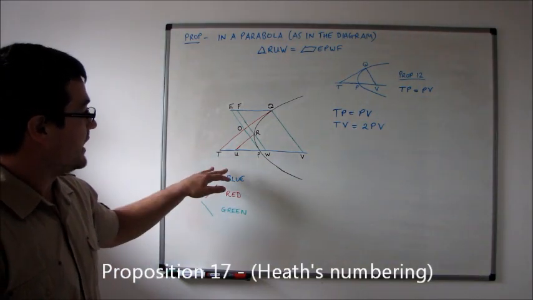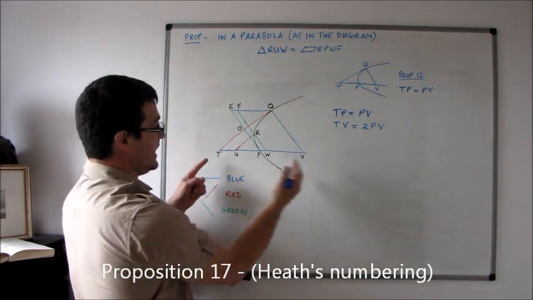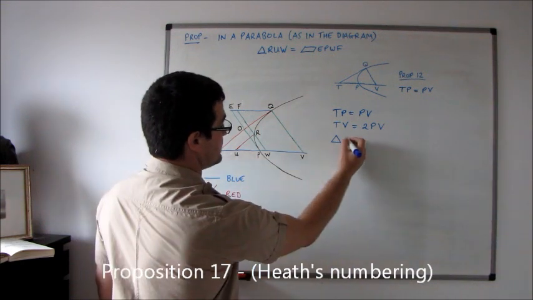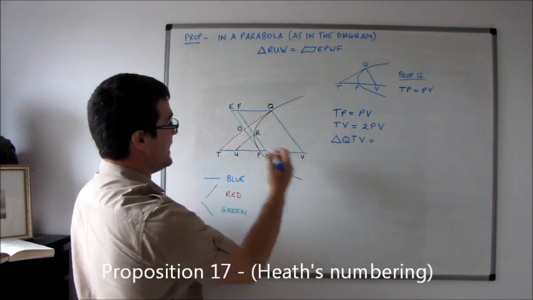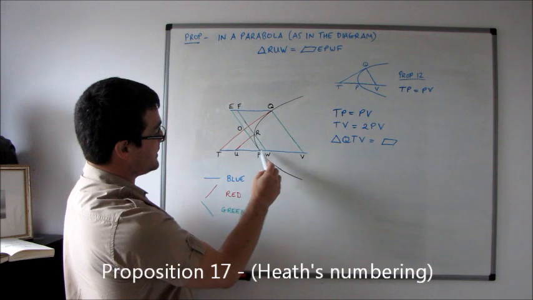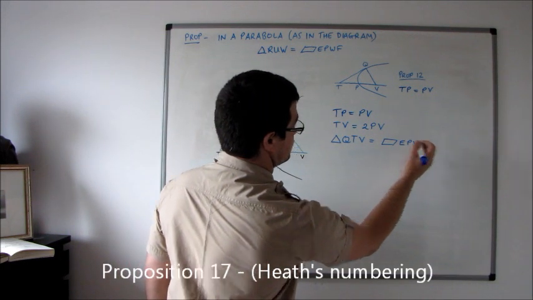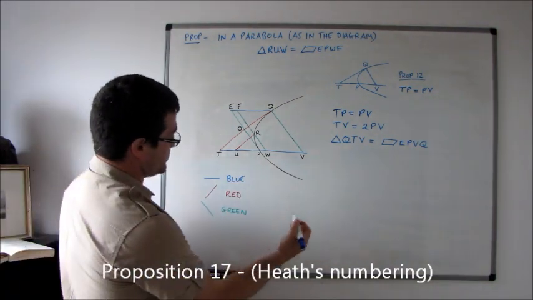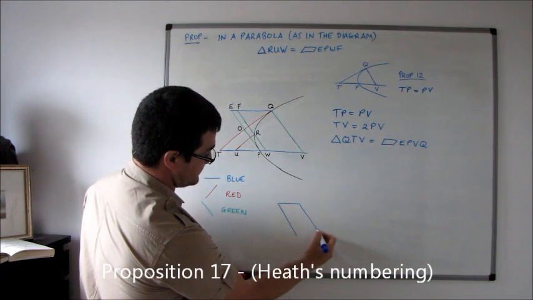Okay, and what we can also say is that the area of triangle QTV is equal to the area of parallelogram EPVQ. So why is this? Well, if I just draw a little diagram down here just to try to illustrate what's going on a little bit.